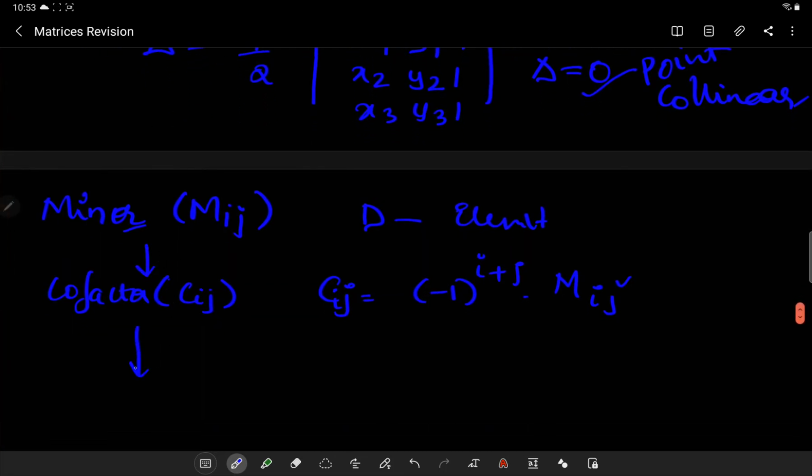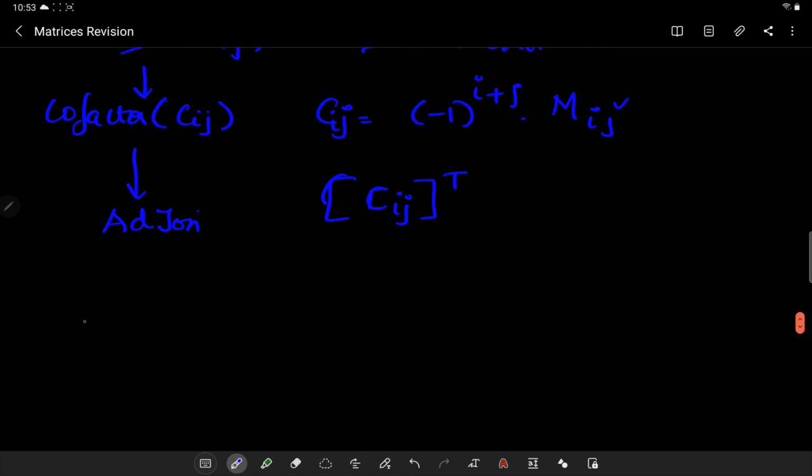Based on the cofactor matrix, you will get the adjoint matrix, which is simply the cofactor matrix transpose. Now, in exams, many times they are asking on the properties of the adjoint matrix.